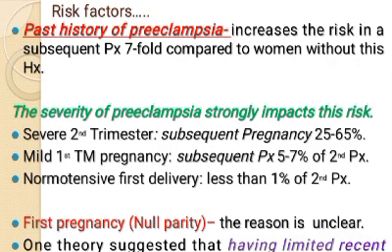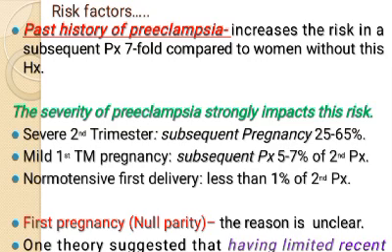Past history of preeclampsia increases the risk in a subsequent pregnancy sevenfold compared to women without this history. The severity of preeclampsia strongly impacts this risk.